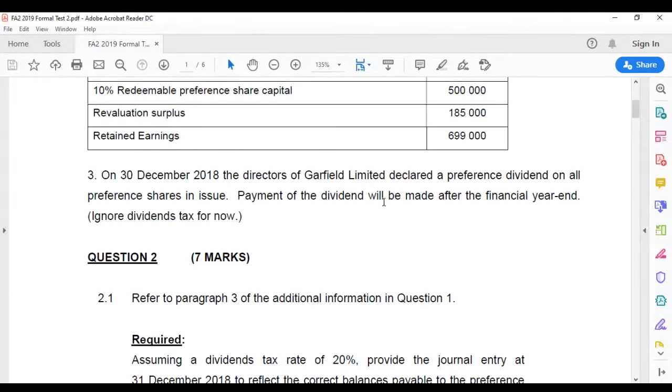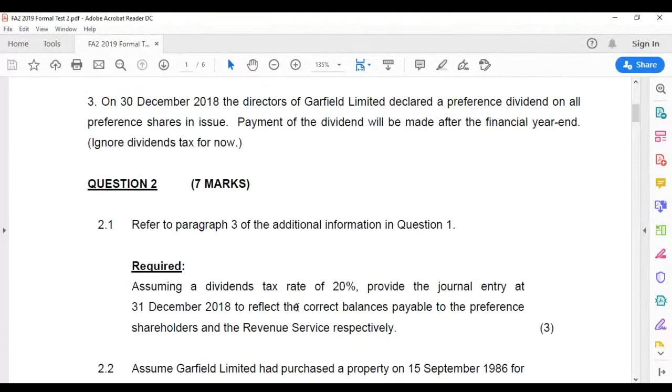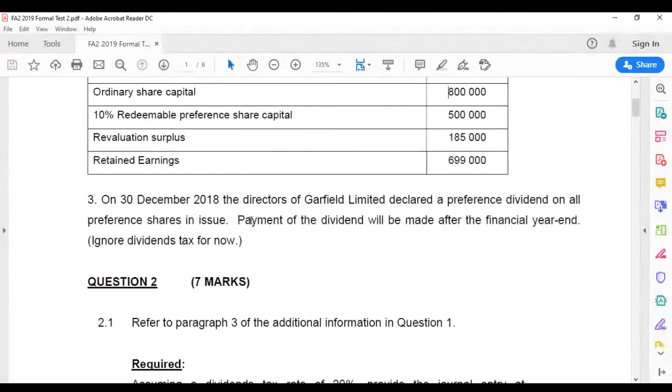Payment of the dividend will be made after the financial year end. And at that stage, they said ignore dividends tax for now because we're going to do it in question 2. The reason why we have to look at that is before we can do this paragraph 2.1, where we have to calculate the dividends tax, we first must see how we would have calculated the preference dividend and also how we would have recorded that.